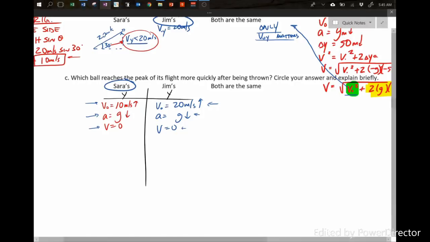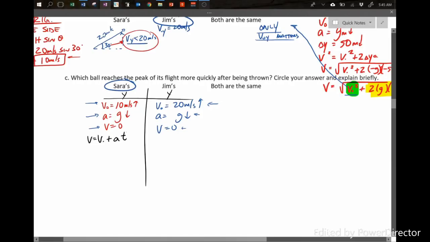If we wanted to do that a little bit more mathematically, that equation has all of our stuff in it, v equals v initial plus at. So if we solve that for time, v minus v initial over whatever the acceleration is equals the time. And since the final velocity is 0, negative initial velocity over the acceleration equals time.